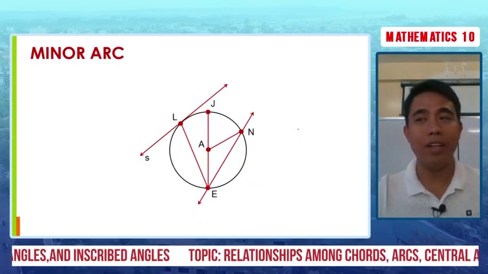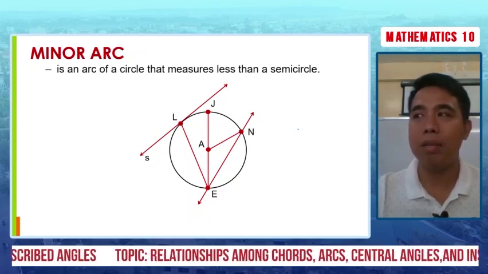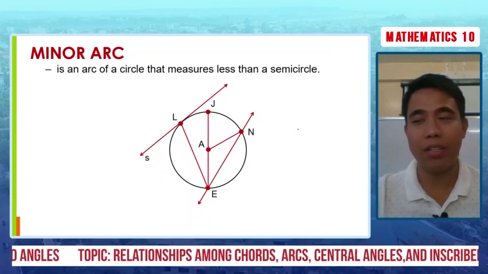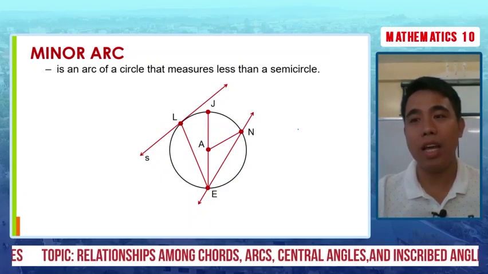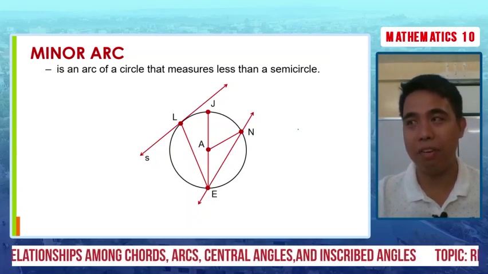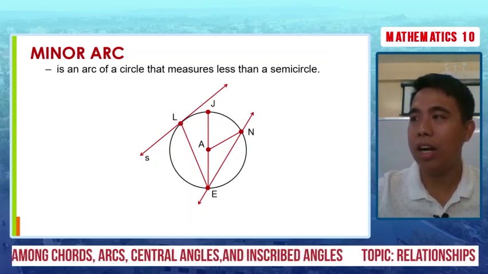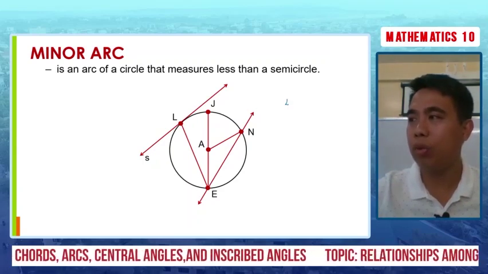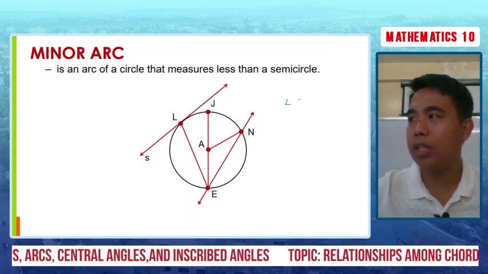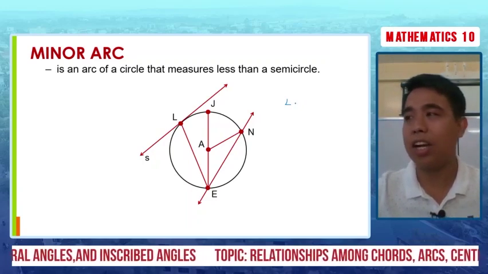How about a minor arc? A minor arc is an arc of a circle that measures less than a semicircle. Earlier, the semicircle was half of the circumference. Now, a minor arc is less than half. An example of that is arc LJ. Usually, a minor arc is named with two letters to distinguish it from the major arc that we will discuss later on.